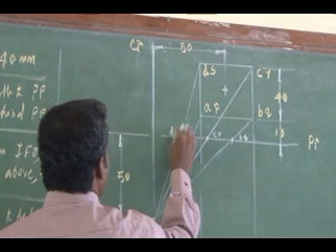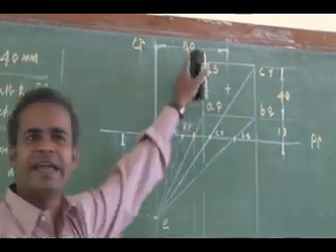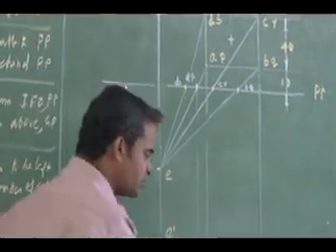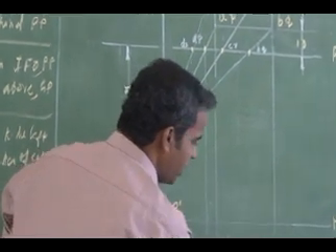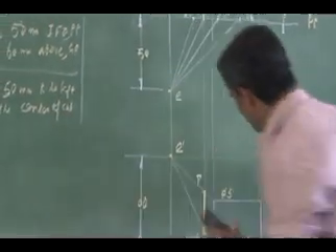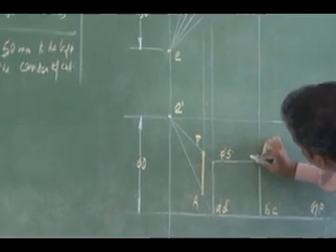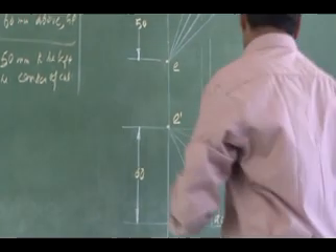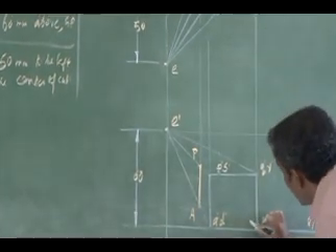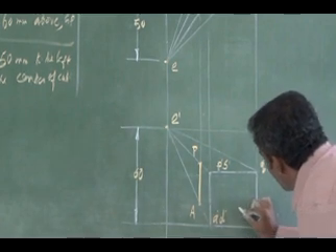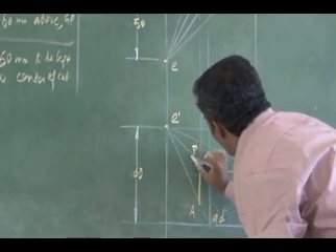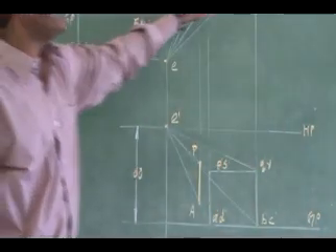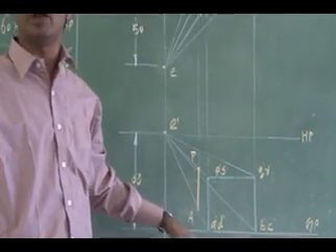Similarly, I can get the intercepts of all the edges, and similarly I can draw the visual rays for all the edges. Two I have already, so I can draw two more. Now these intercept locations can be projected to the corresponding visual ray lines.